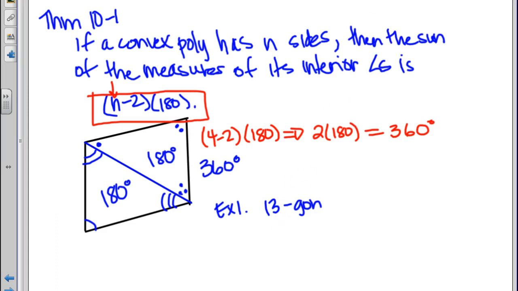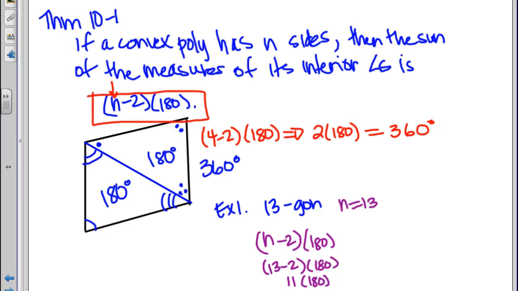There's really no need to do that because we can use the formula n minus 2 times 180 and plug in 13 for n. Notice the order of operations here: I have to subtract 2 from 13 first and then multiply by 180.